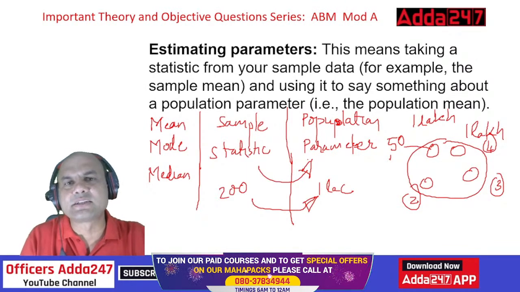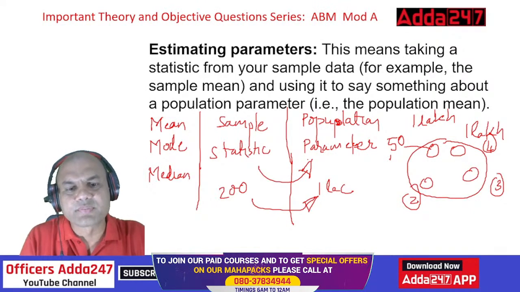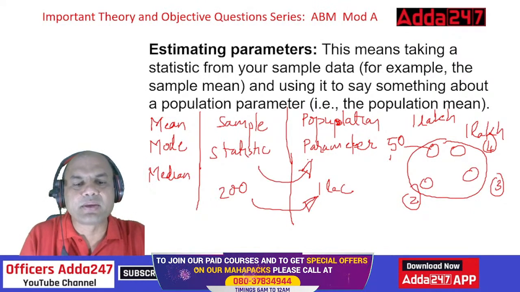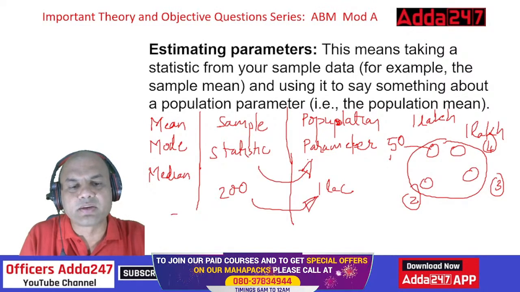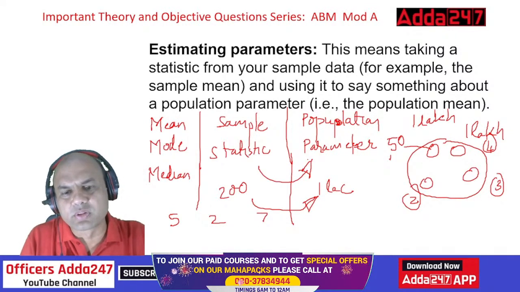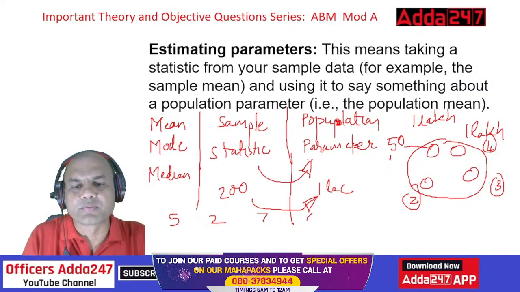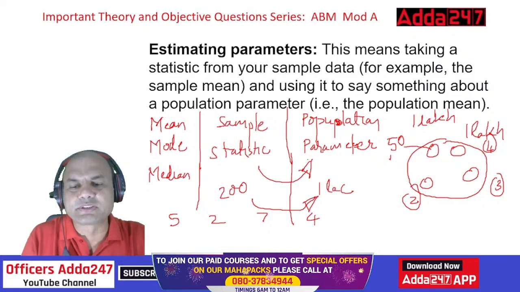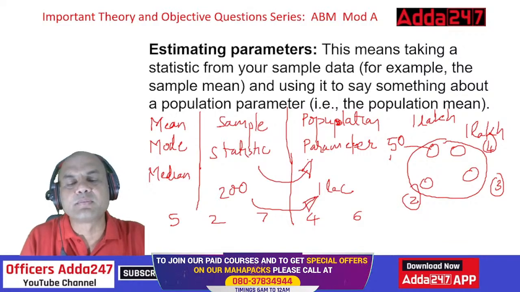Let's take a simple example. Let's do this numerical: mean, mode, median. Suppose I have 5 numbers: 5, 2, 7, 4, and 6. Now I ask you to find the mean. Mean is very simple.